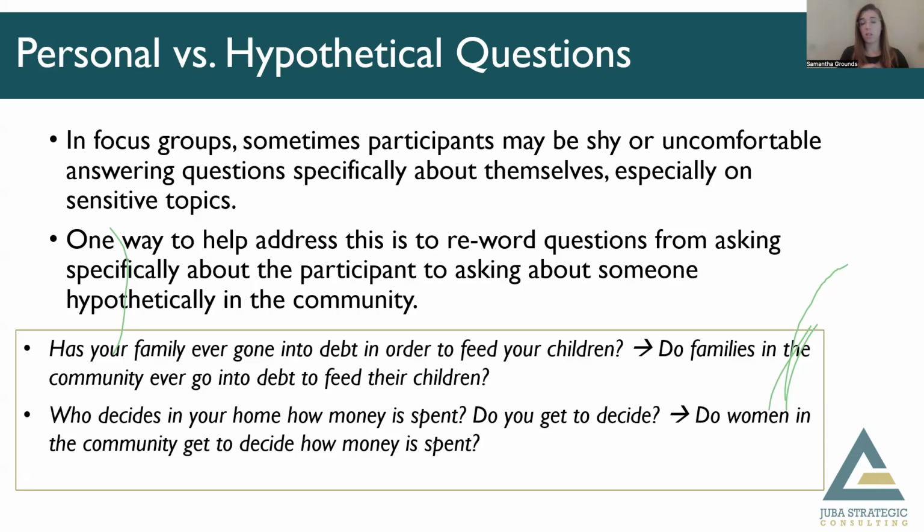So, do families in the community ever go into debt to feed their children? Another example of this, say our original question was, who decides in your home how money is spent? Do you get to decide? Again, that's asking specifically about the participant themselves. One way to potentially rephrase that could be, do women in the community get to decide how money is spent?